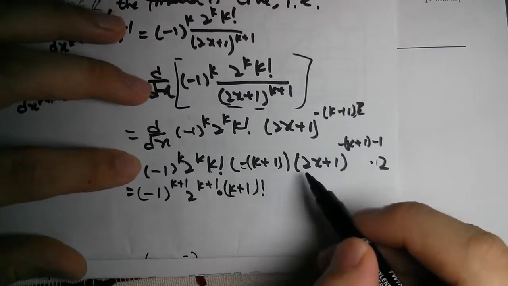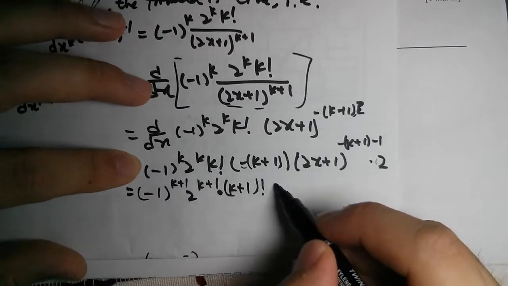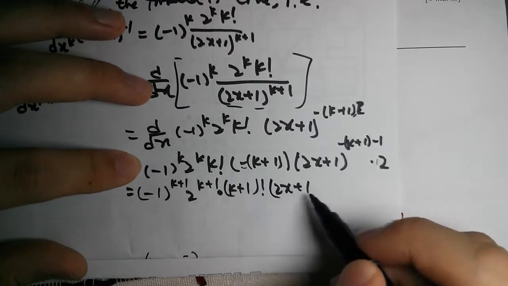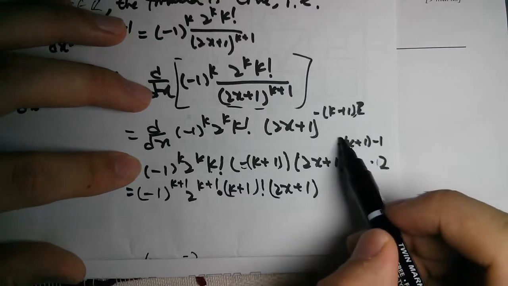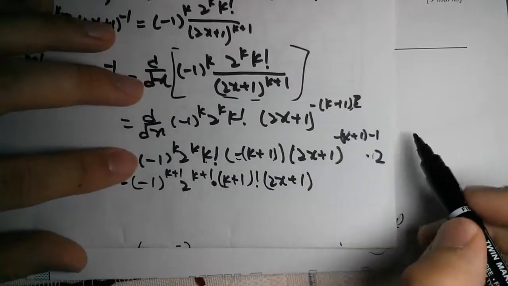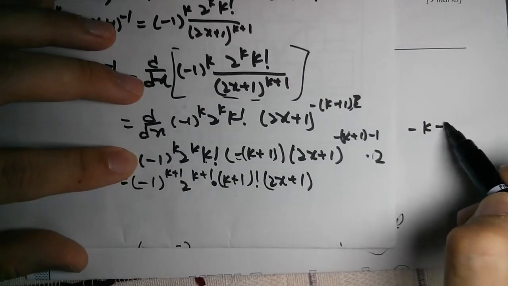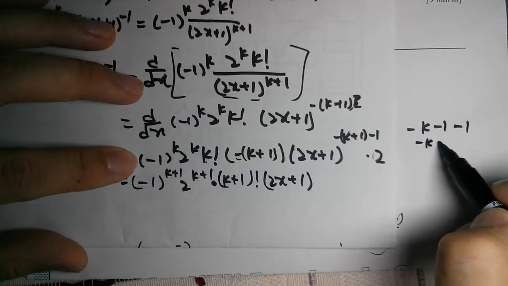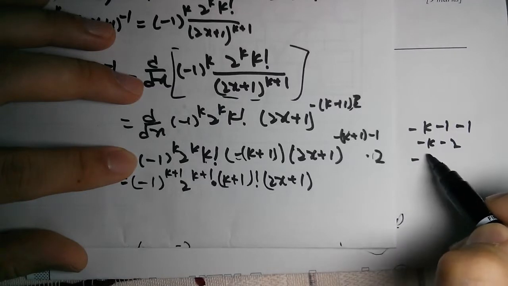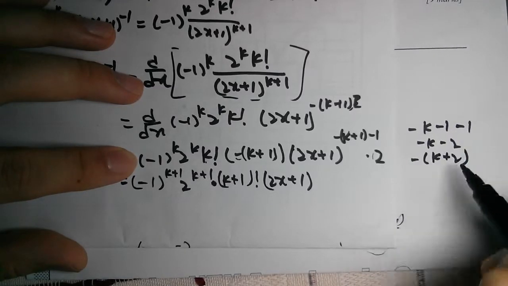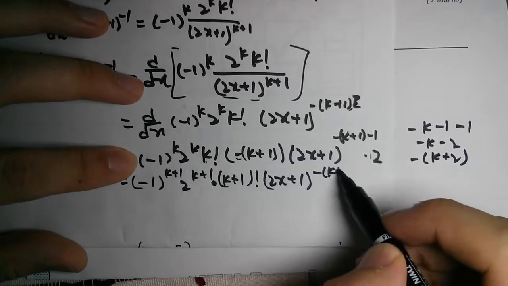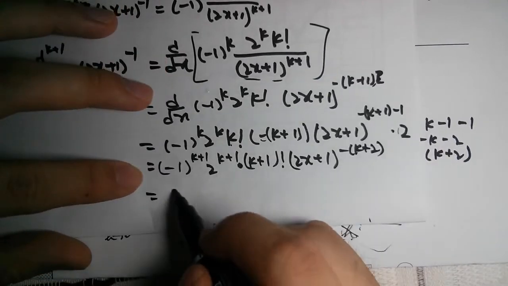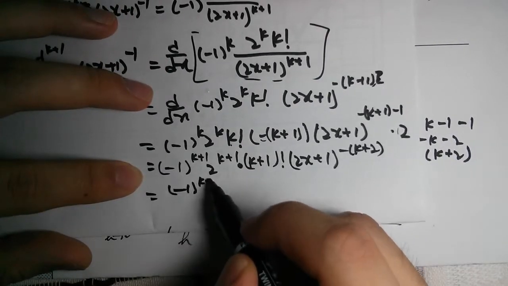And then we have this thing, 2x plus 1 to the power of, what is this? If we put the negative in here, it's negative k minus 1 again. So it's negative k minus 2. We pull the negative out, so it's negative k plus 2. What's the meaning of negative power?